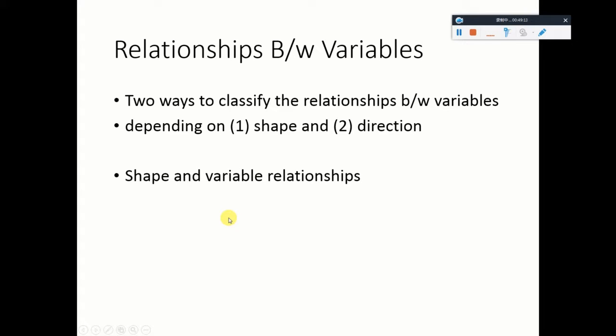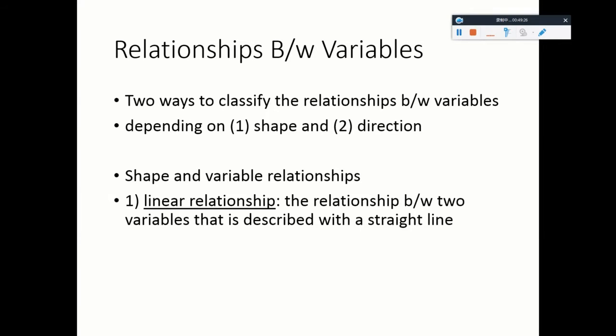Once we talk about the relationships between two variables in terms of shape, we mean this. First of all, we can have linear relationships. That means we can use a straight line to describe how these two variables are related to each other.